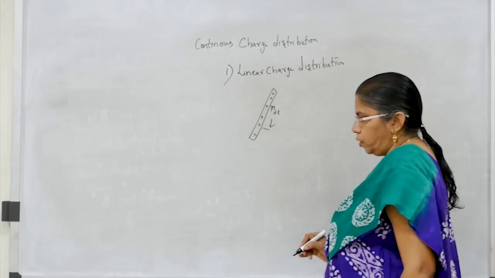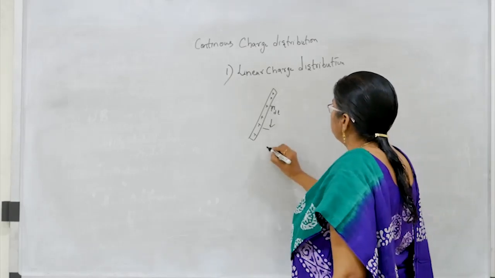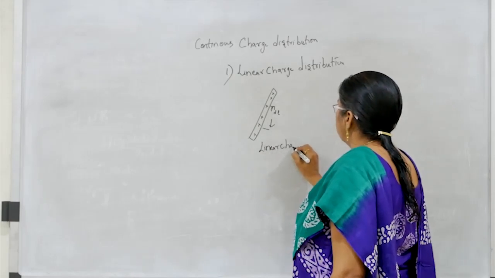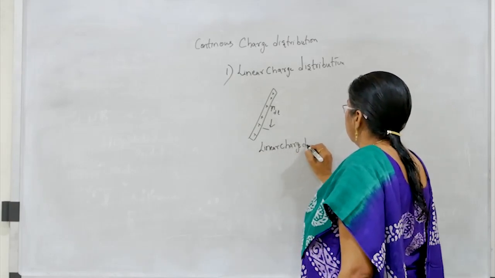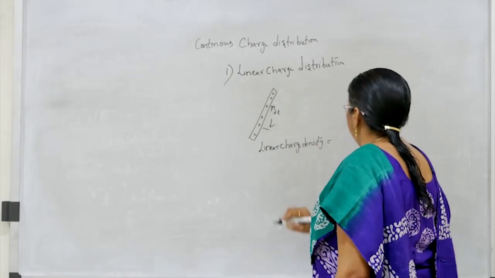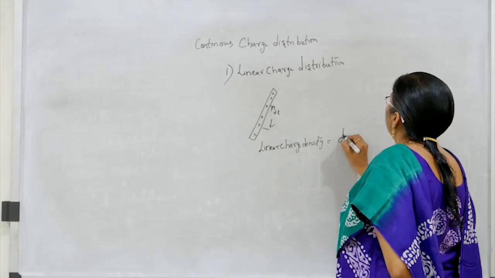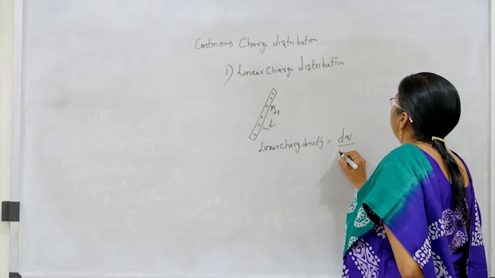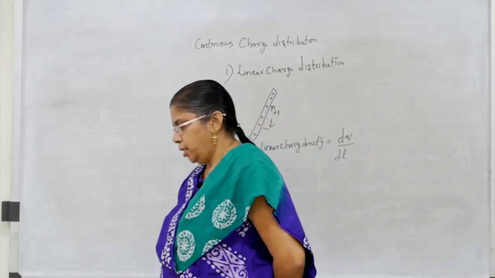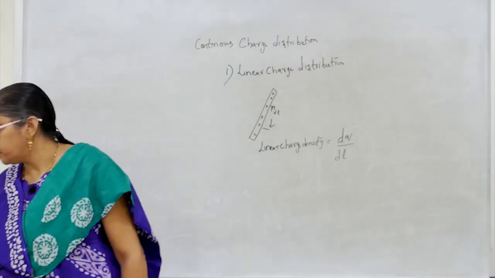So linear charge density is given by dq by dl.